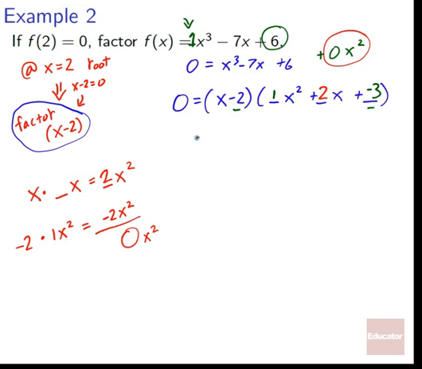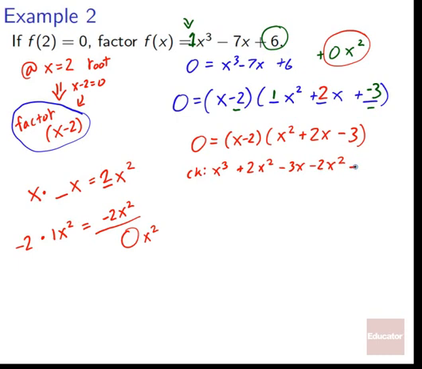So we write this whole thing out. 0 equals quantity x minus 2 times quantity x squared plus 2x minus 3. And we've been able to figure out that that works. Let's do a real quick check. So check x cubed plus 2x squared minus 3x minus 2x squared minus 4x minus 6.